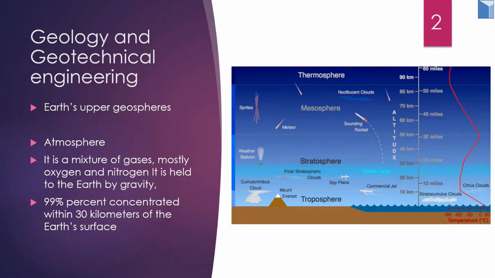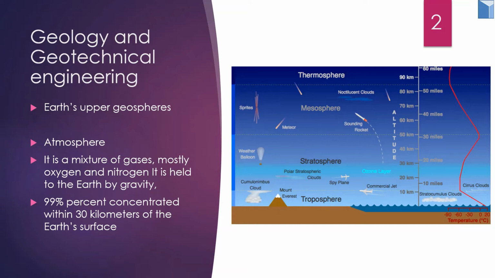So we have the stratosphere. In the stratosphere, we notice that the temperature begins to rise again at the upper parts. Then we can distinguish another cover of gases above it, which we call the mesosphere.